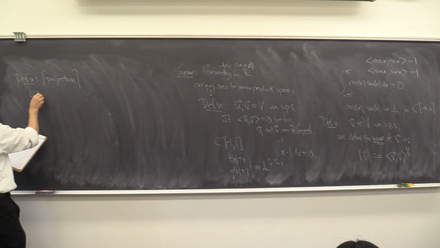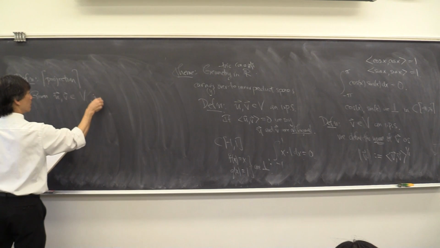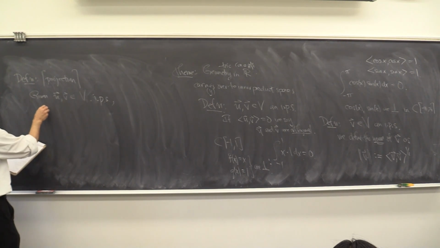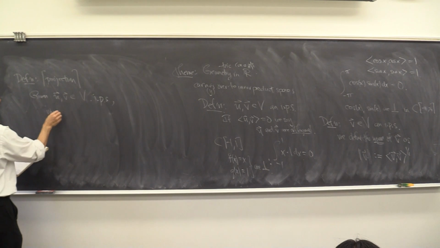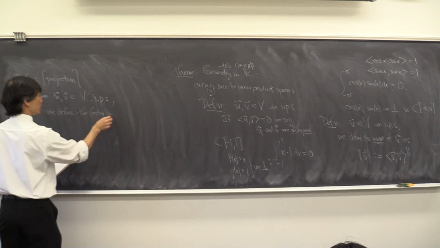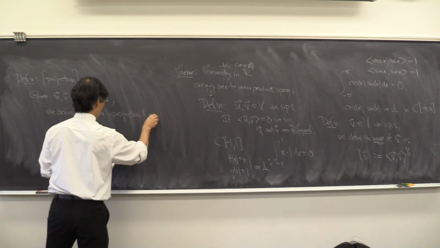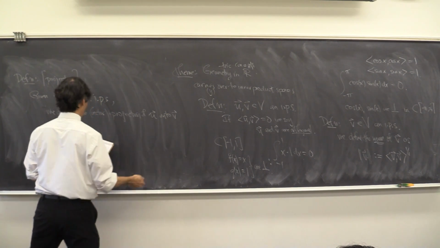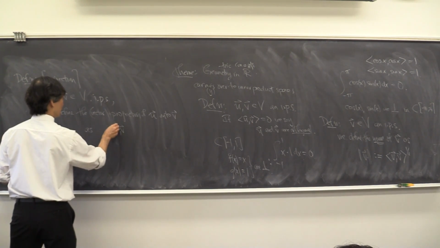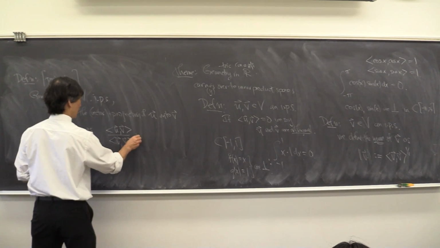Given two vectors u and v in some inner product space, we define the vector projection of u onto v as u inner product v over v inner product v, times v.